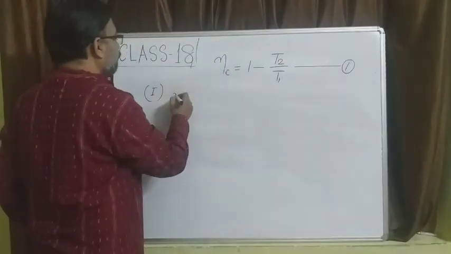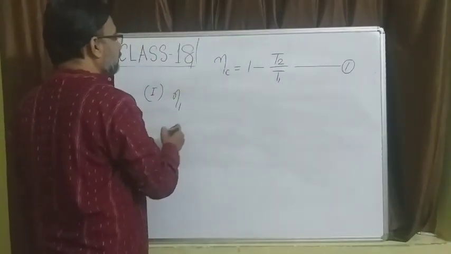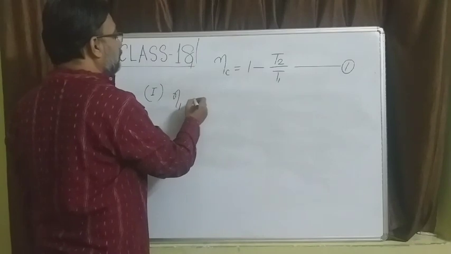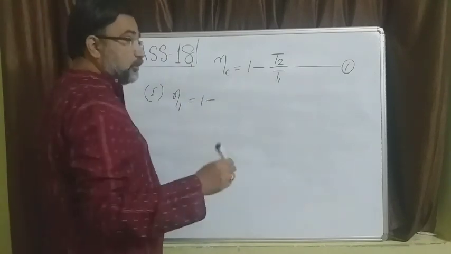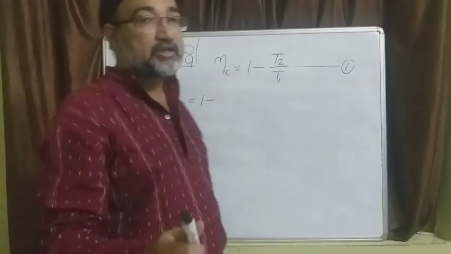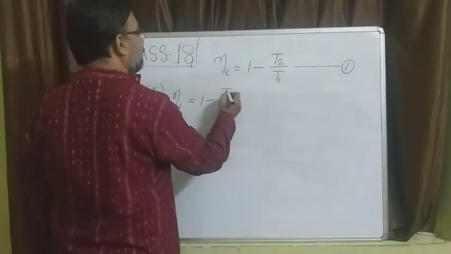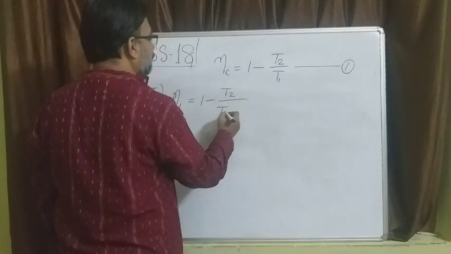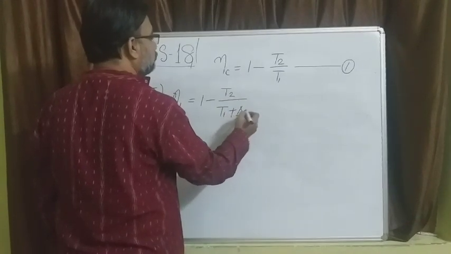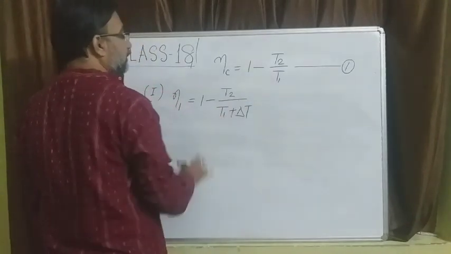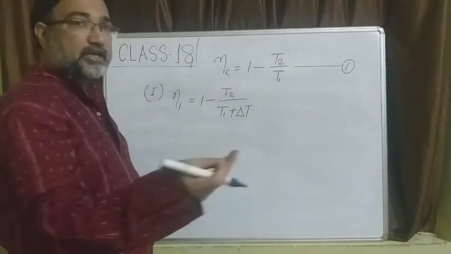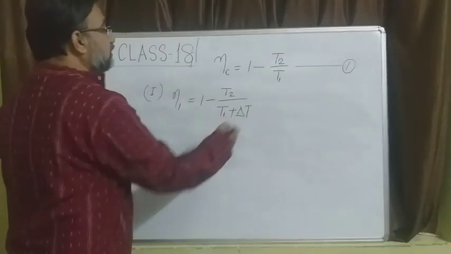Now, if you are changing, then the new value eta 1 will be, in the first way, increasing T1 and keeping T2 constant. So keep T2 constant and increase T1 by an amount delta T. Say 2 degrees or 3 degrees or 5 degrees, by some amount you increase this.